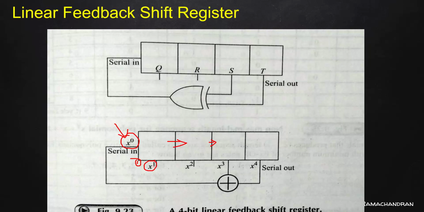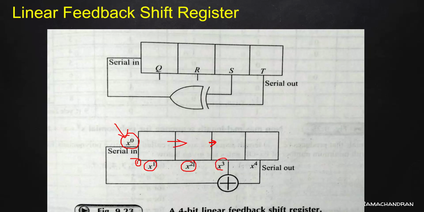After a delay of 1 clock pulse, it comes as an output of your first flip-flop. Again applying the second clock pulse, the same value comes as an output of your second flip-flop. That is why x to the power 2. Delay of delay. After the second clock pulse, after 2 delays, the same value comes as an output of your second flip-flop.